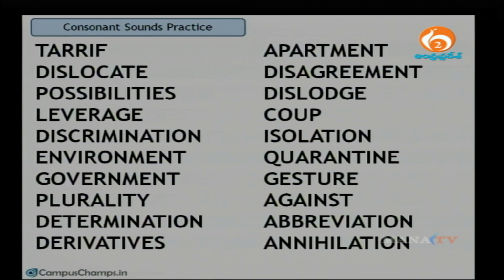Let's begin. Tariff, dislocate, possibilities, leverage, discrimination, environment. It's not enviroment, okay? It's environment. Government. It's not guvernment, it's government.